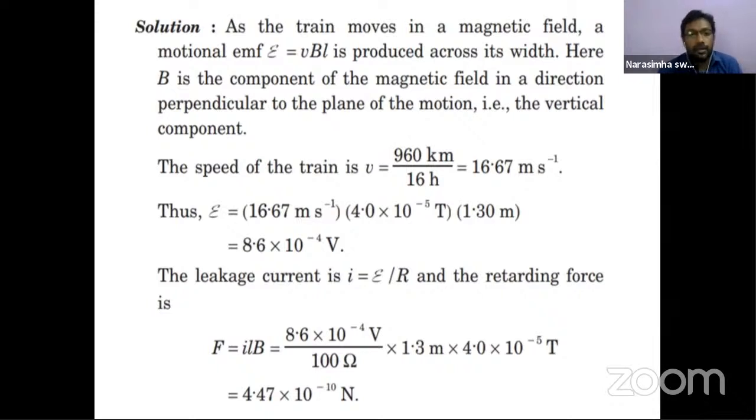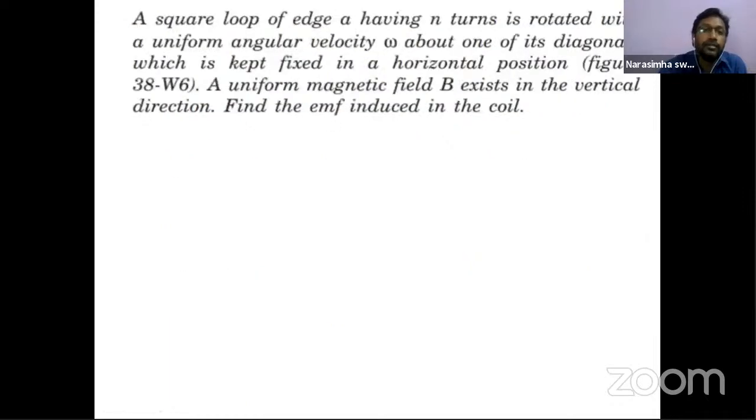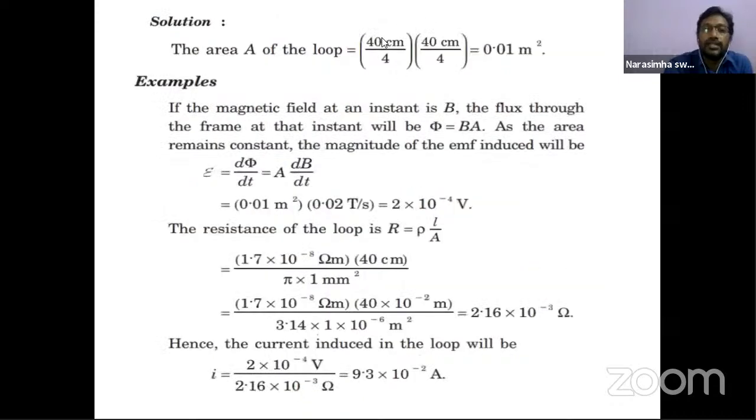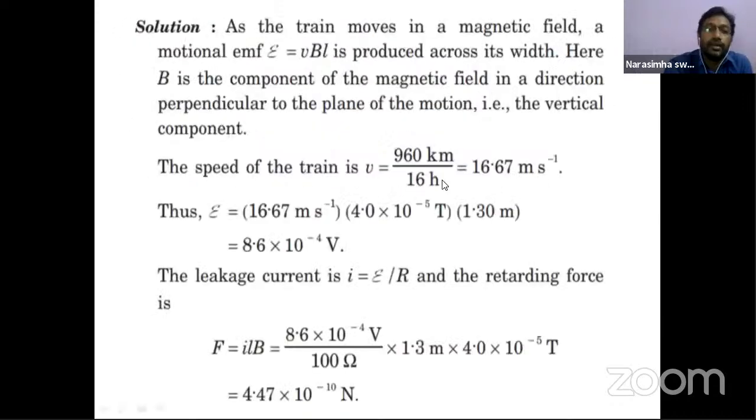Now, the speed of the train is given. Velocity is equal to distance by time. Time is 16 hours, given directly. So convert that into seconds. Simplify that and you will get 16.67 meters per second.